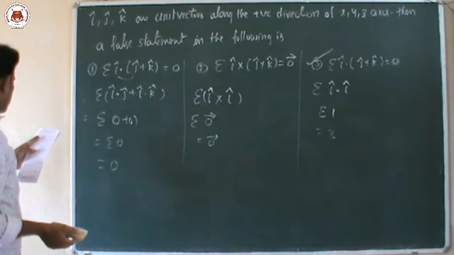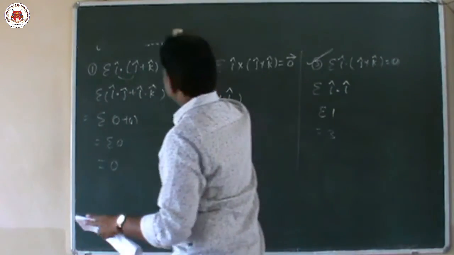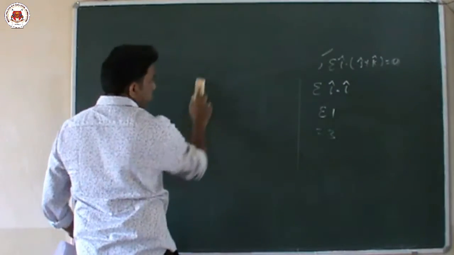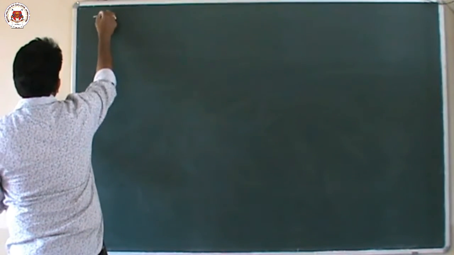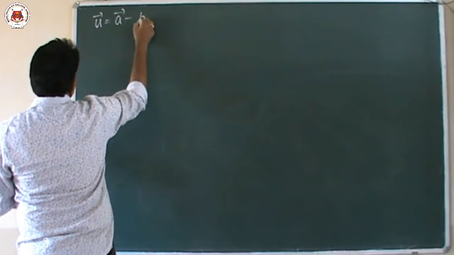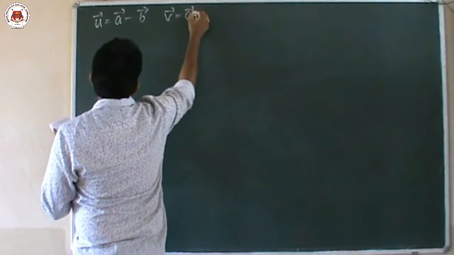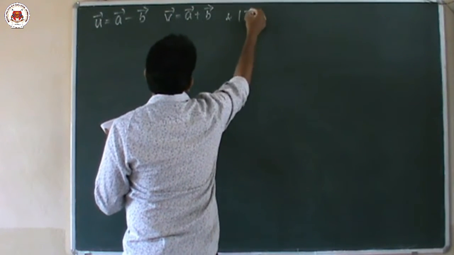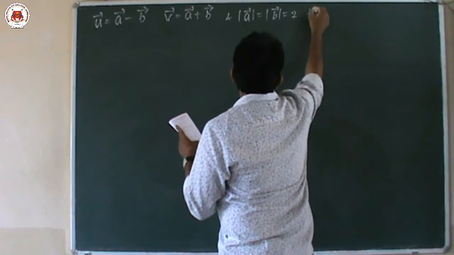Now we'll go to the next question. The next question is: u vector equal to vector a minus vector b, v vector equal to vector a plus vector b, and mod of a vector equal to mod of b vector equal to 2.